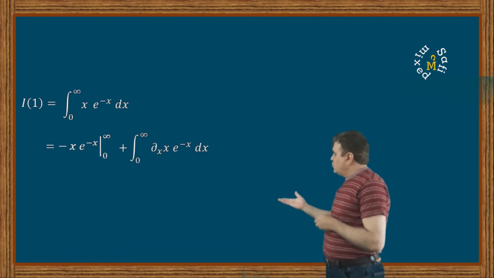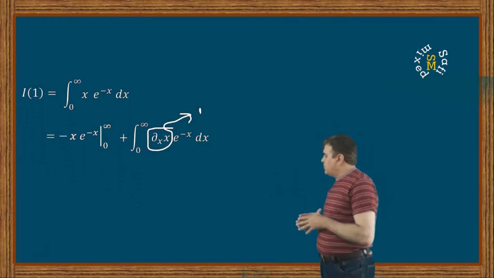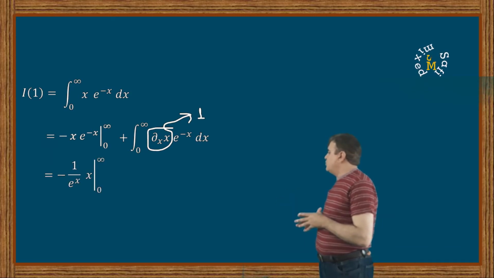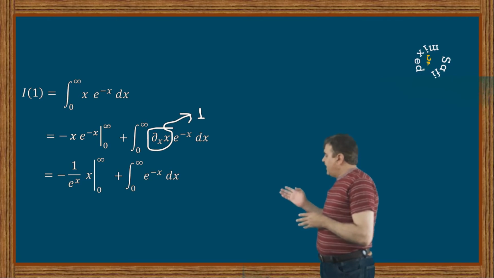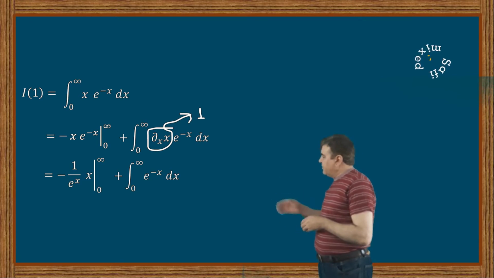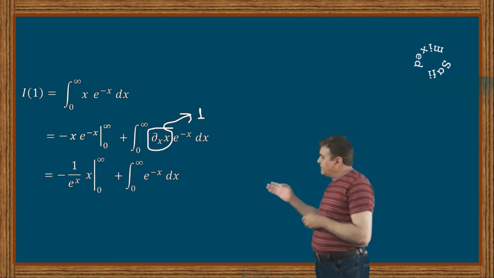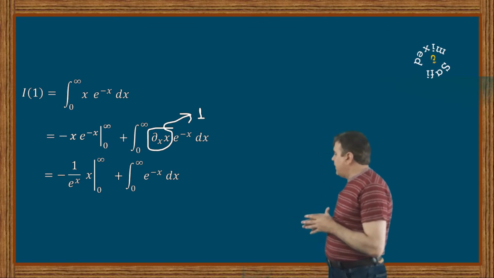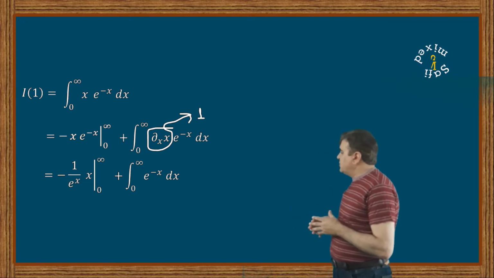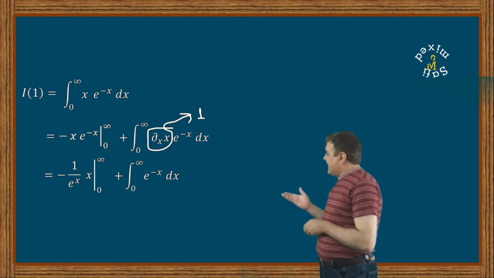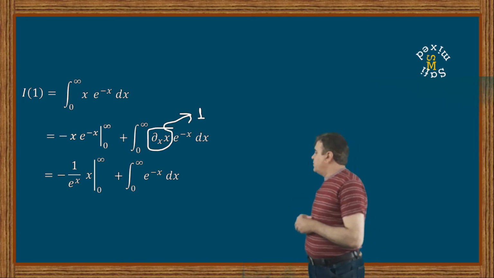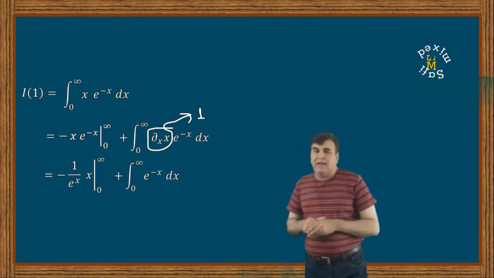Rewriting the integral into this form, where I have written the first part as minus 1 over exponent of x times x in the limit from 0 to infinity, and in the second part I have employed the derivative of x, which is equal to 1, and have rewritten the integrand as exponent minus x.